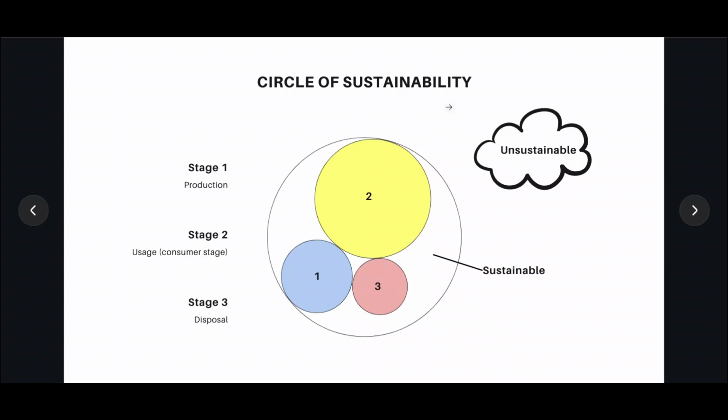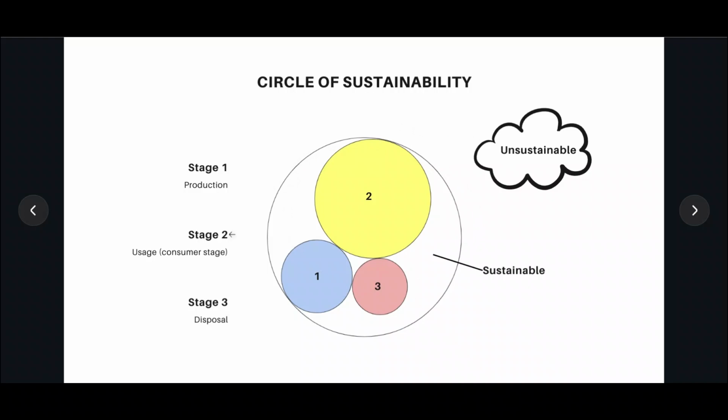Okay, so here's the basic model or concept of this framework, or of this design. Let me go through all the elements. We have the three different stages represented as circles. As you can see, these circles have different sizes, and they are touching, they're tangent to each other, and they are all within this larger encapsulating circle.